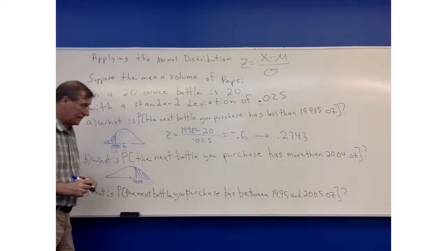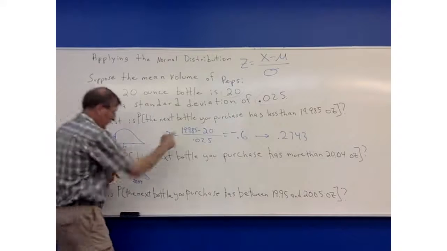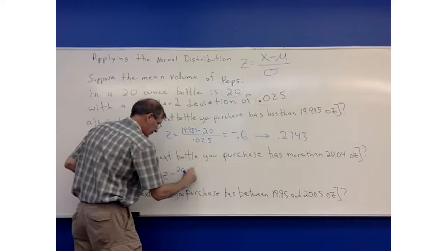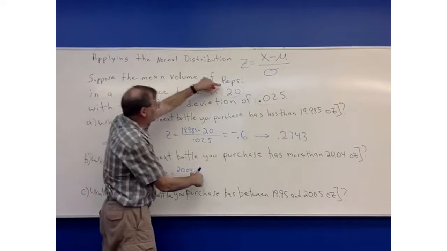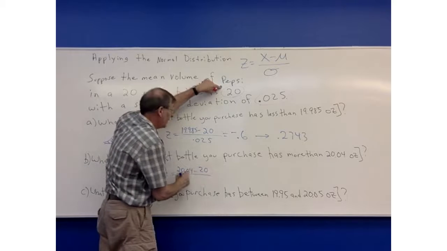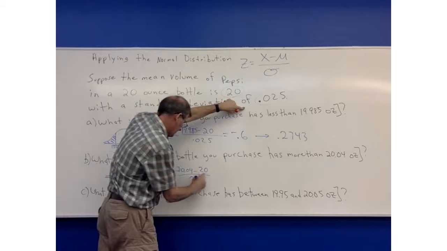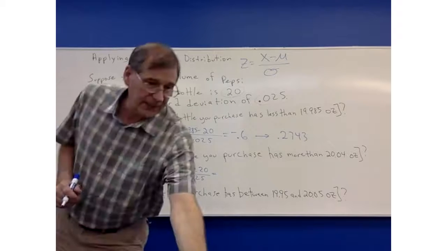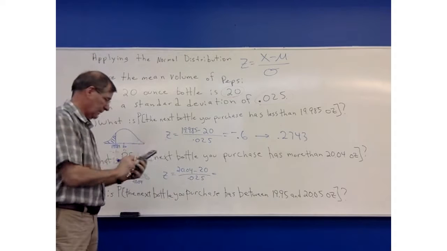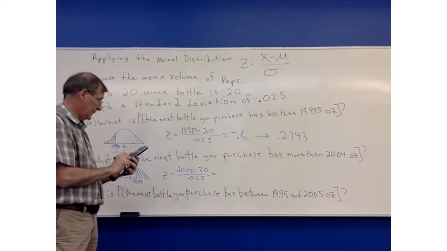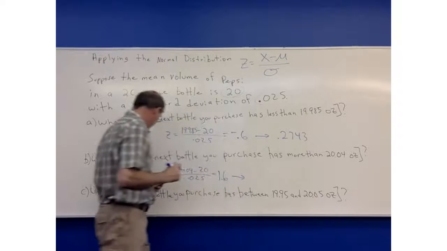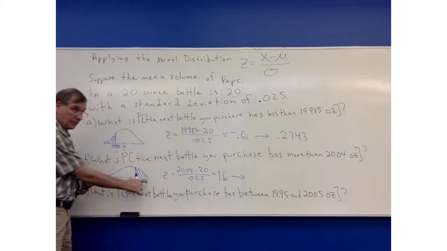So we use our formula. 20.04, the number we're interested in, minus mu, which comes from the problem, over the standard deviation, which also comes from the problem. That's what we compute. So if we type that in, we get 1.6.